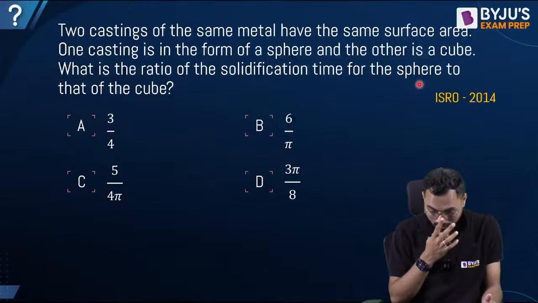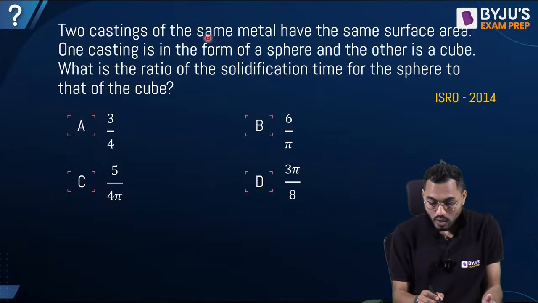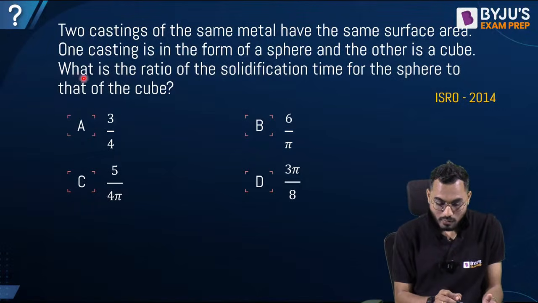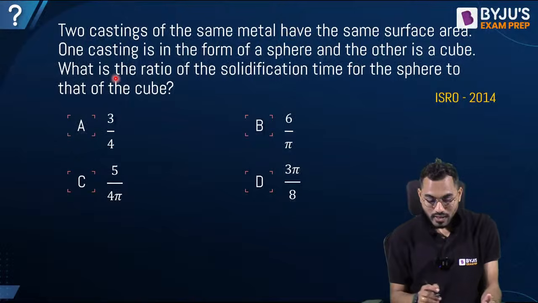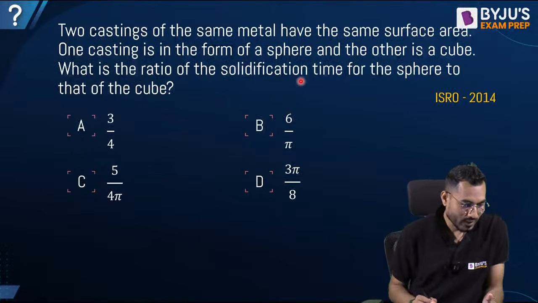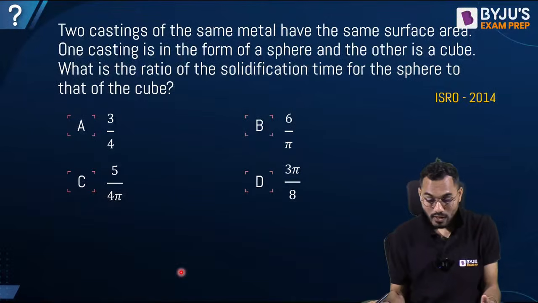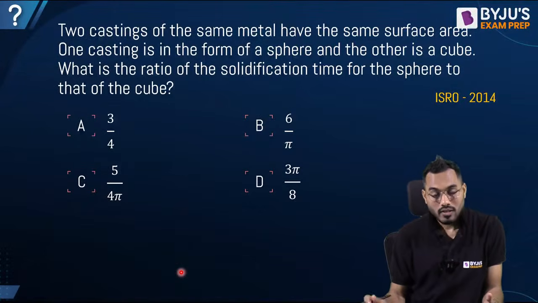Surface area is the same, right? Fine. Two castings of the same metal have the same surface area. One is a sphere and the other is a cube. So what will be the ratio of solidification time? Can we calculate it? It's very simple.